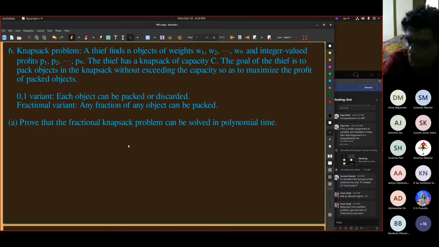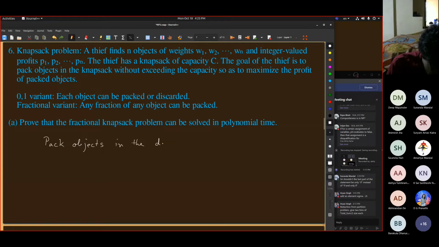This will not work actually. Most profit density, p_i upon w_i. So pack objects in the decreasing order of p_i by w_i, the decreasing sequence of profit per weight.